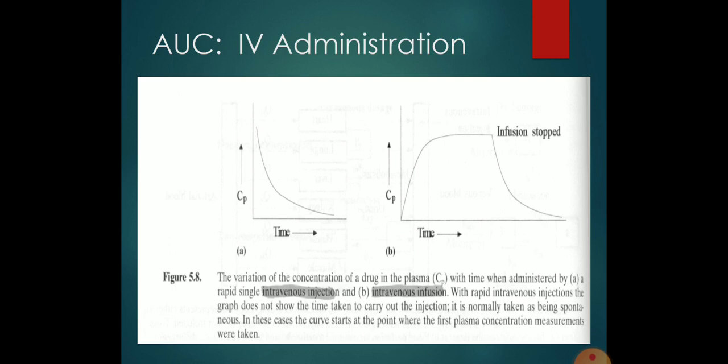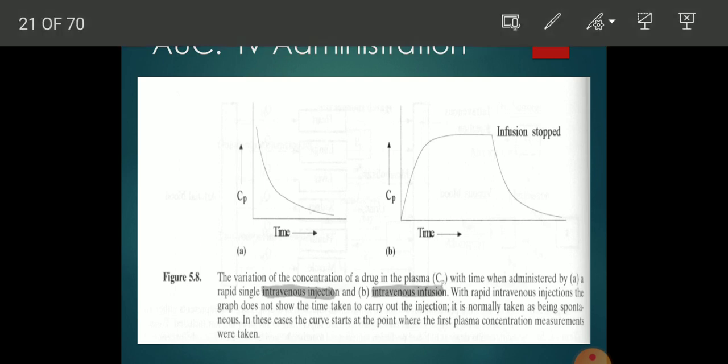So once a drug is administered via the intravenous route, as a bolus dose, on the right hand side you will see the concentration time curve. It shows the downward slope.